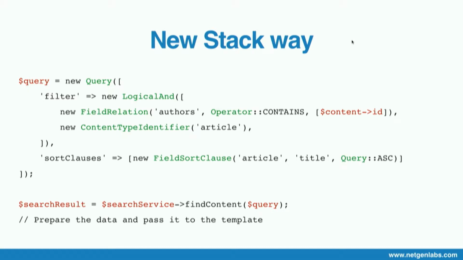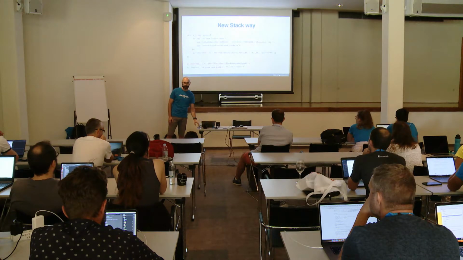You will construct your search query with all kinds of criteria: field relation, operators, content type identifier, sort clauses. Then you will use the search service to find your data, and you will prepare it and pass it to the template for presentation, right? And finally, we will look into how this works now with Site API and our implementation of query types.